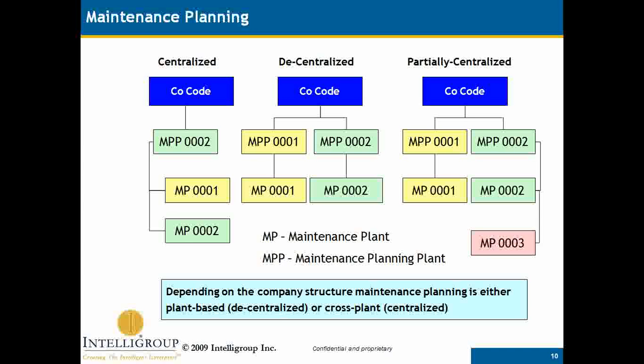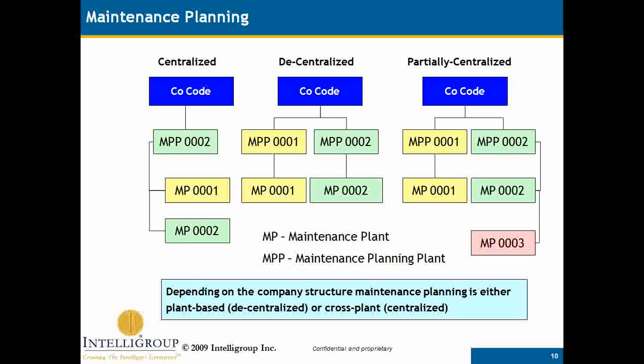Okay. The decentralized one is 1:1. Every plant, like MP001, will have its own planning plant; we declare each one as its own planning plant. The partially decentralized is based on our business requirement.